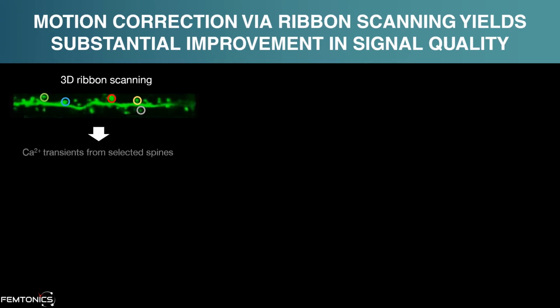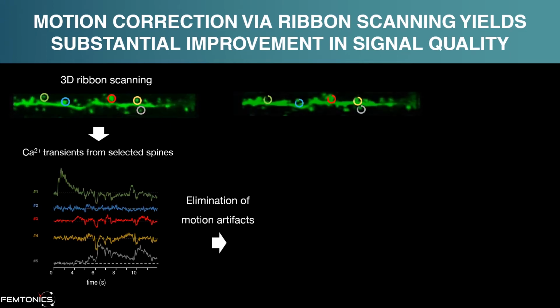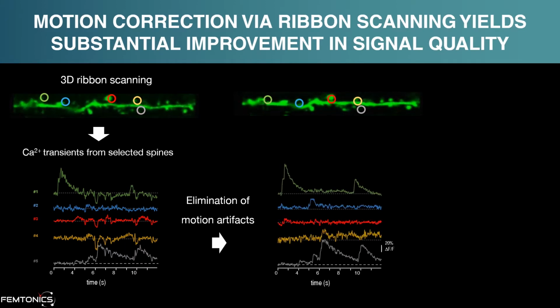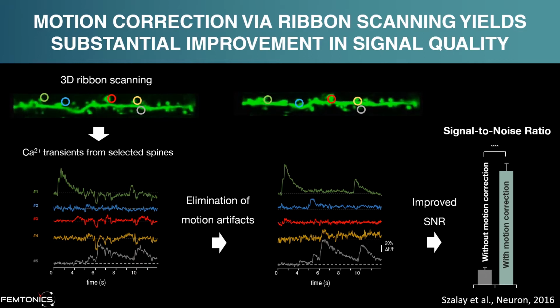This slide demonstrates that the motion correction feature of FEMTO3D Atlas can also be applied on the subcellular level. In this example, we plotted the calcium transients of dendritic spines recorded with ribbon scanning without and with motion correction. You can appreciate the significant improvement in the signal-to-noise ratio of the reconstructed signal on the bar plot.